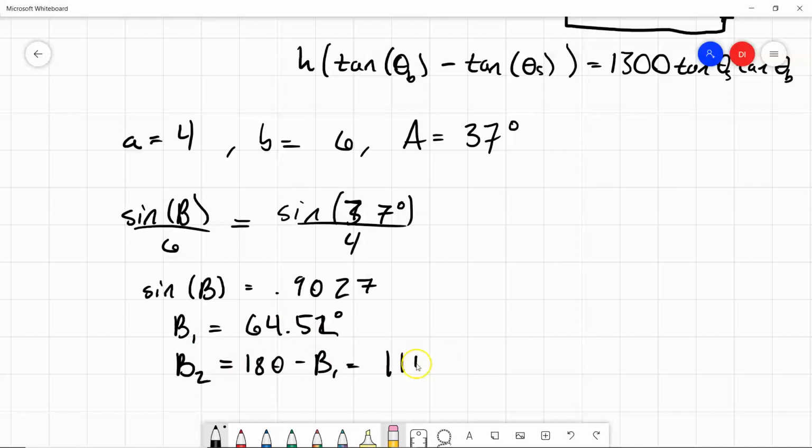It's 115.48. I think that's right. So now that we have this, we need to compare that to A. And it turns out that 115.48 can add to A and still not break 180, meaning we have two triangles. So we have two solutions.